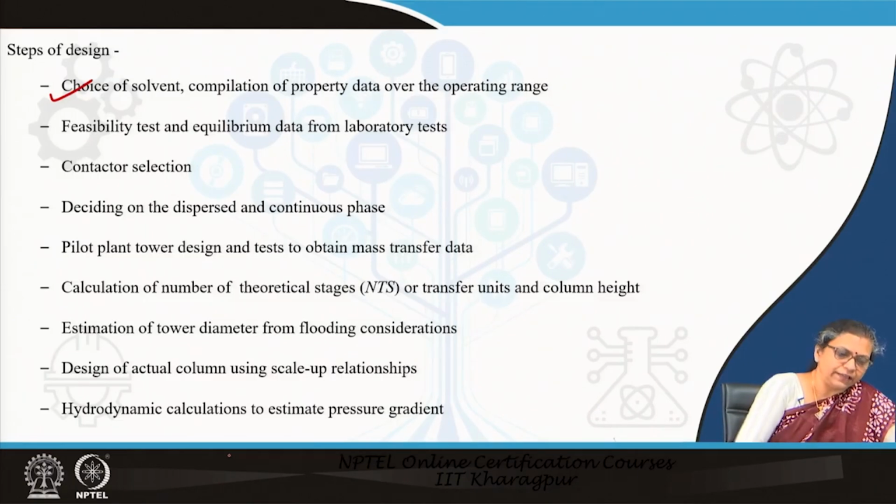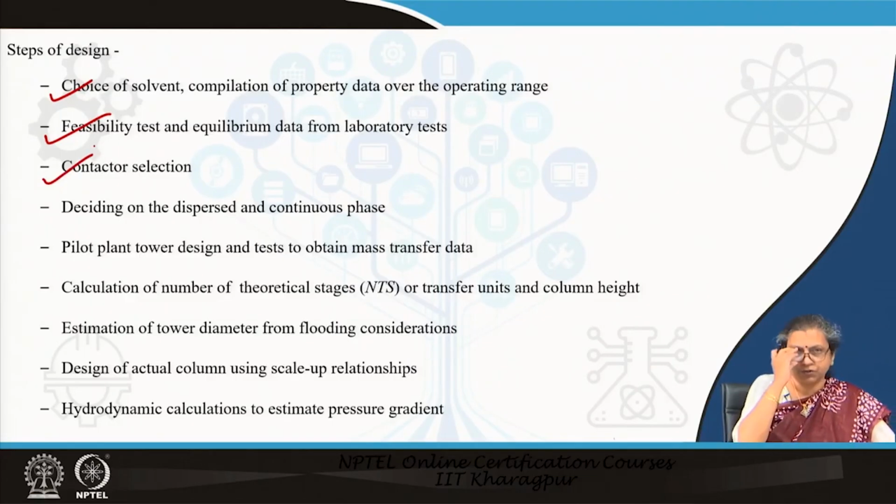Once it is done, you need to do a feasibility test and collect equilibrium data from the laboratory. This particular exercise is quite important, as we will see in one of the illustration problems that we will be discussing as I proceed further. Next, we are supposed to decide upon the contactor selection.